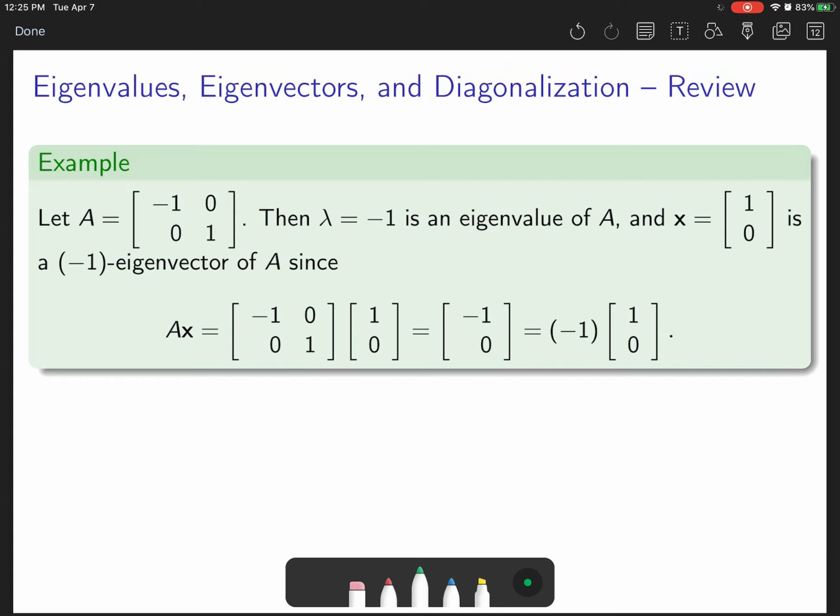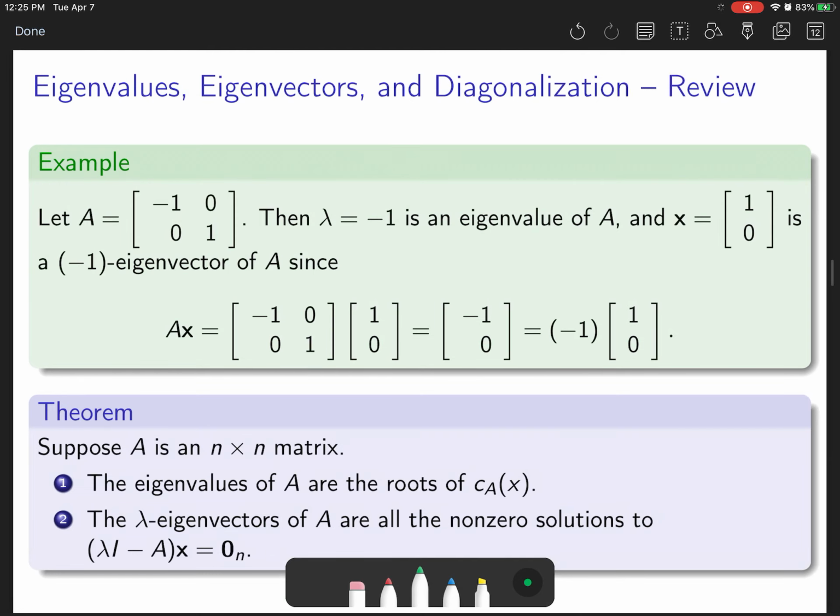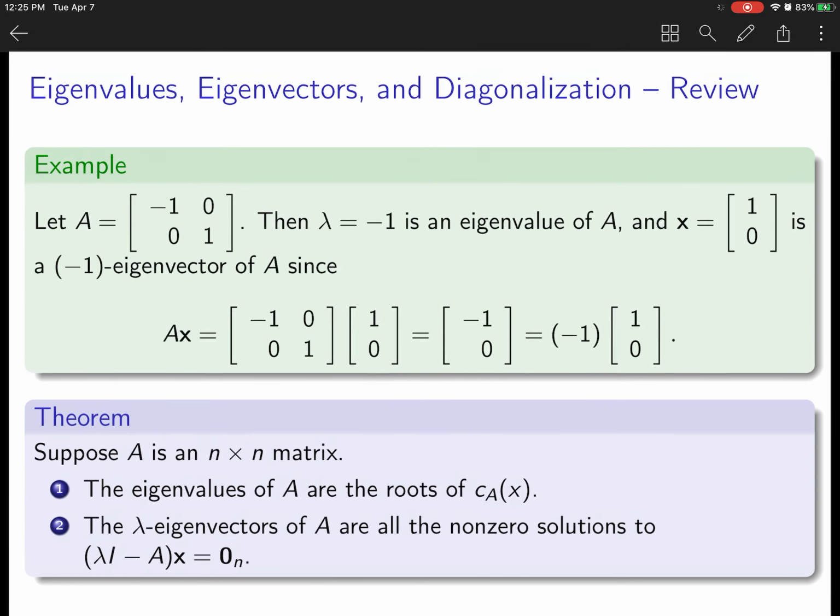Here we have an example. -1 is an eigenvalue of A, and X is an eigenvector corresponding to that. That's pretty boring so far. Okay. So just to remind you, the eigenvalues are the roots of the characteristic polynomial.